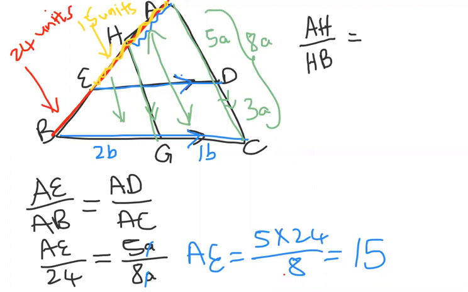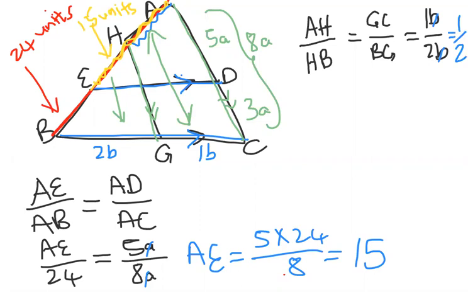So I'm saying this divided by HB equals GC divided by this BG. And if we do that, then we can already say GC is 1B divided by BG is 2B, and the B's cancel out. So that answer is just a half. So we already have that part.